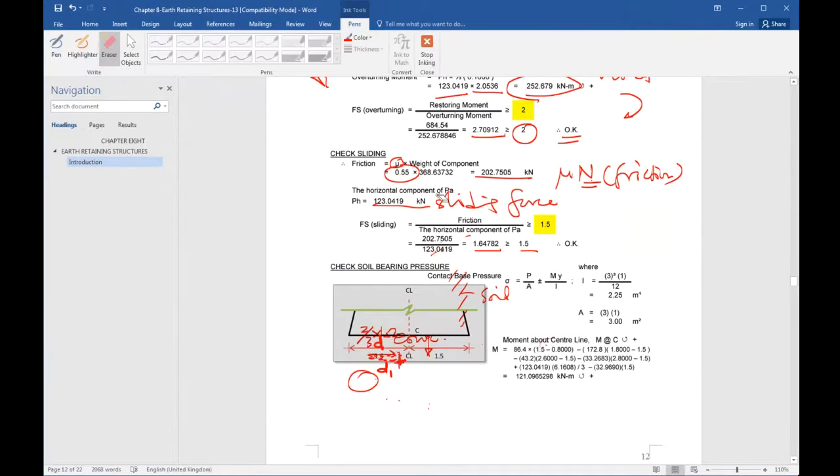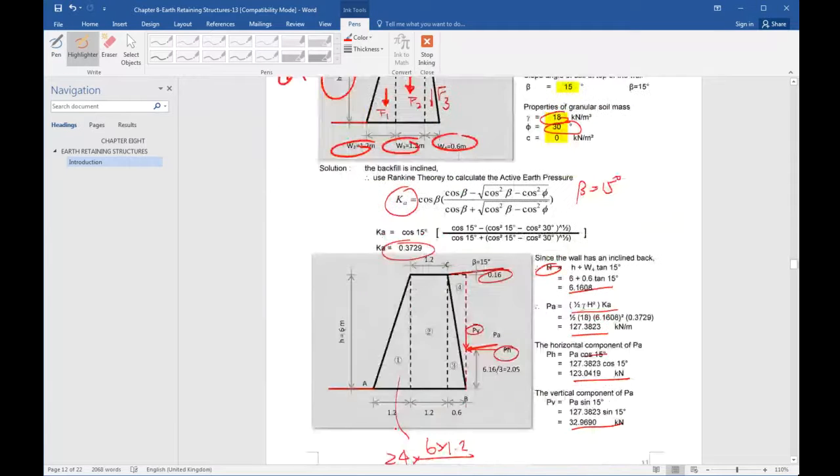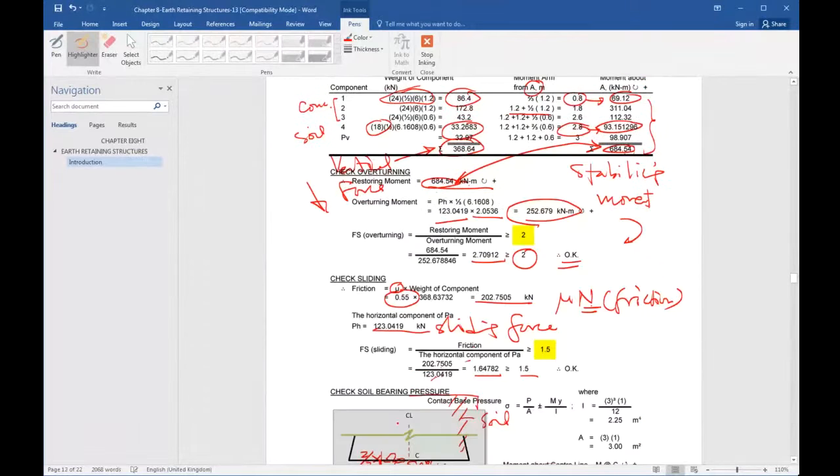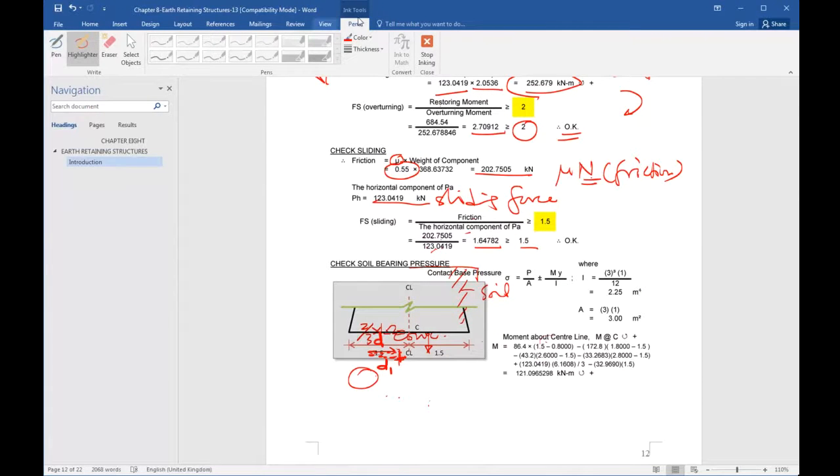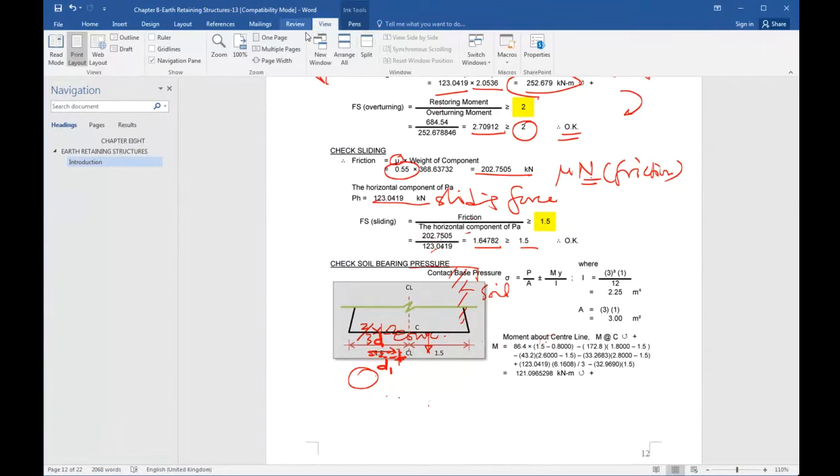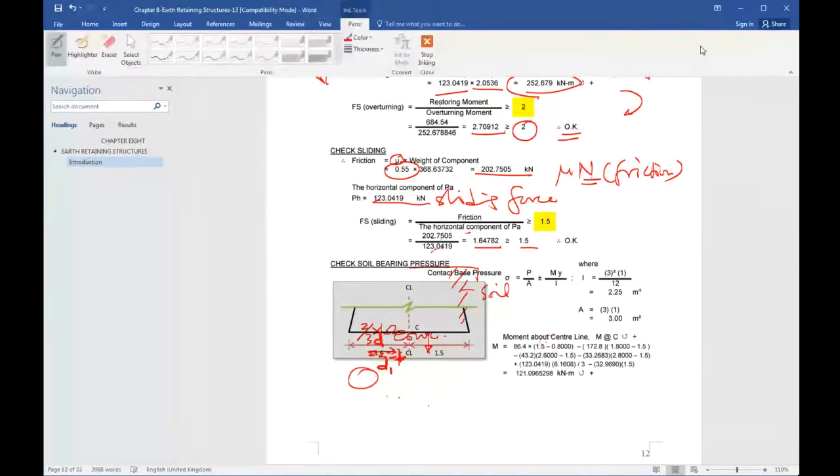Now, for any section, you got a section here.